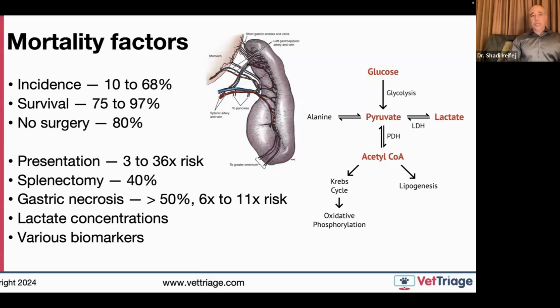Needing a splenectomy does contribute to the mortality factors. Gastric necrosis, very severe, over 50%, and that gives them a 6 to 11 times risk. Lactate concentrations may be predictive of that, and your proceedings will have lots of numbers on lactate, and then various biomarkers are always being reported in the literature as well.